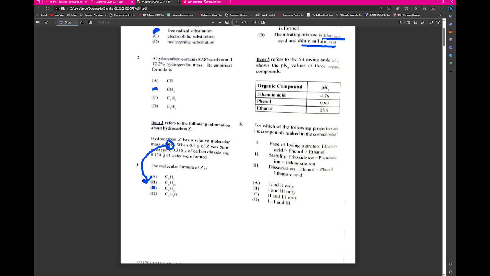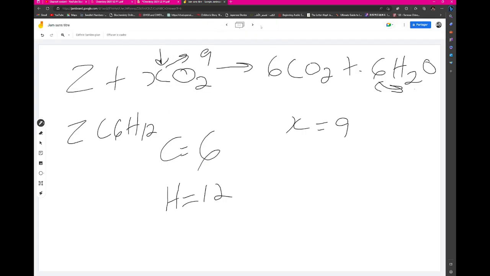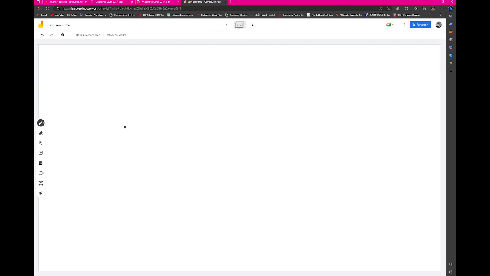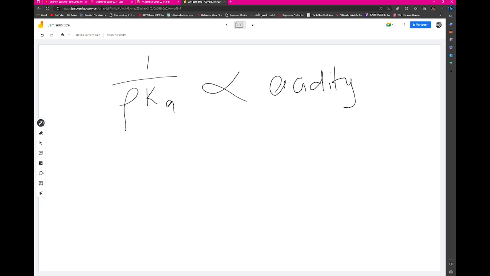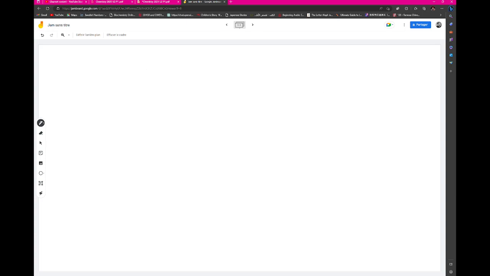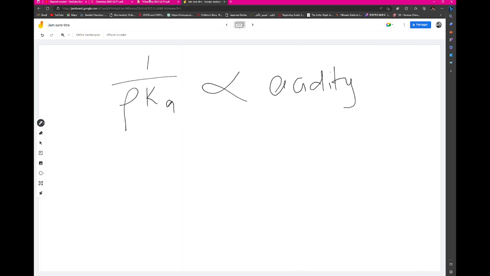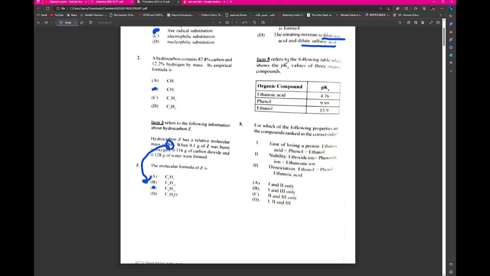Alright, so I think I'll just go back here. I have to know that pKa is inversely proportional to acidity. So working off of that first, we know that ethanoic acid is the strongest, then phenol, then ethanol.